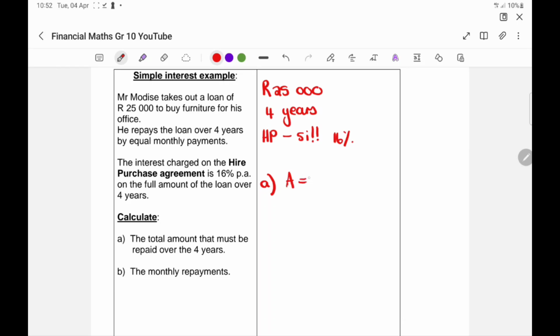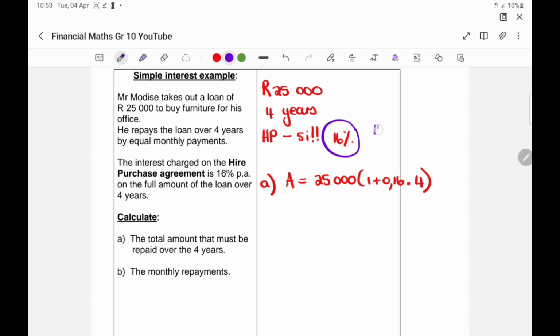So in our formula, A is equal to P, the principal amount, times 1 plus 0.16 times 4 years. Very, very important, that's 16%. Although on some calculators you can put in a percentage, just please make sure that you get the same answer as me if you insert it as a percentage.